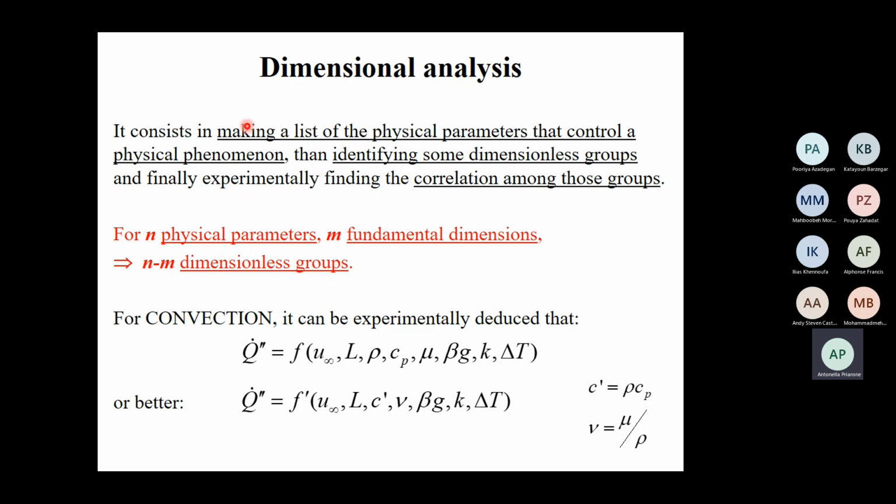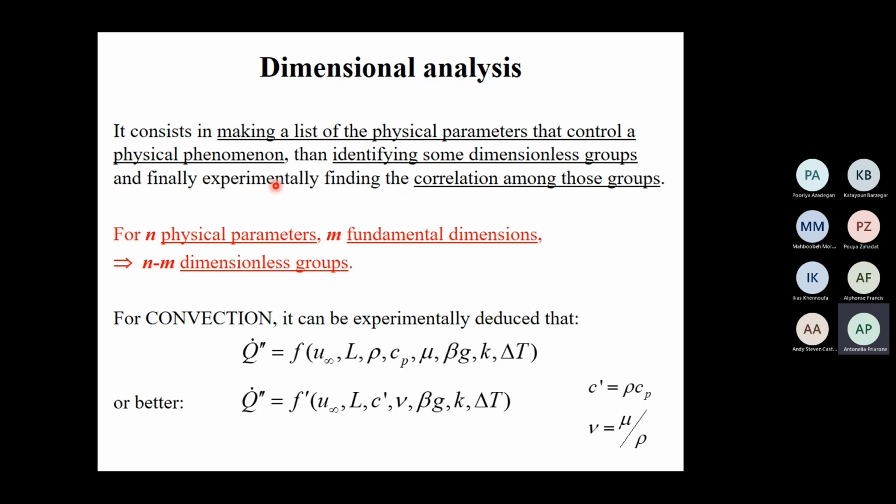Okay, this method is consistent. We can read it directly at the beginning. We have to make a list of the physical parameters that control a physical phenomenon. Obviously, the phenomenon must be clear, more or less, to us. We have to know from the physical, empirical point of view which are the physical parameters that influence that phenomenon.